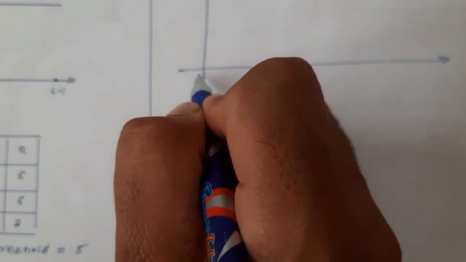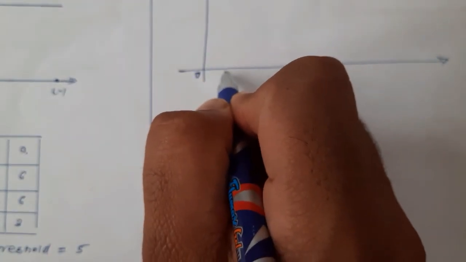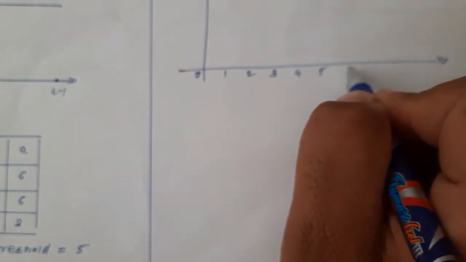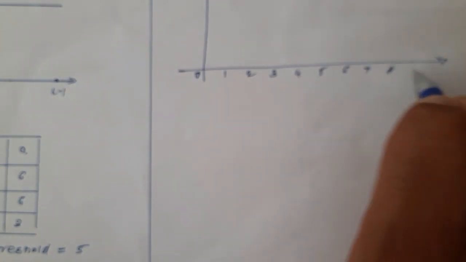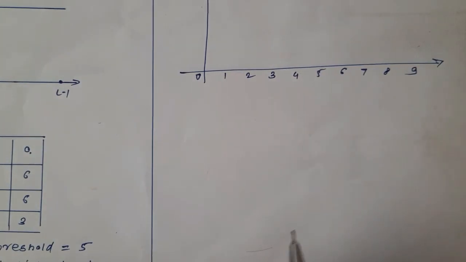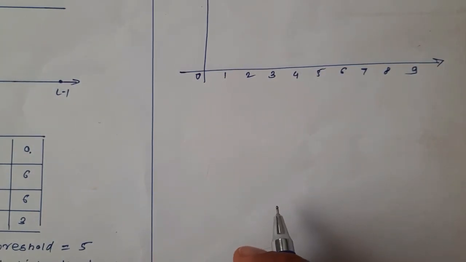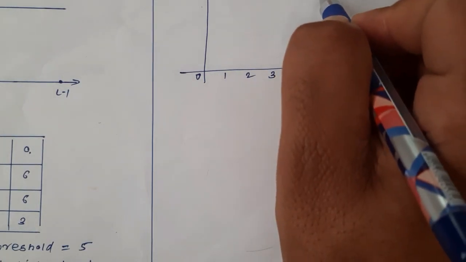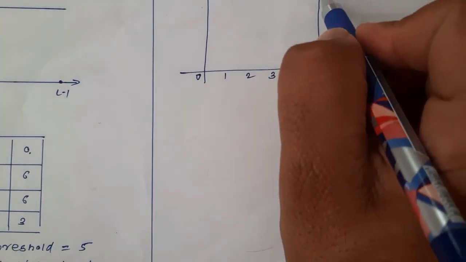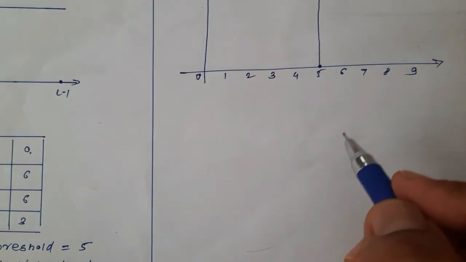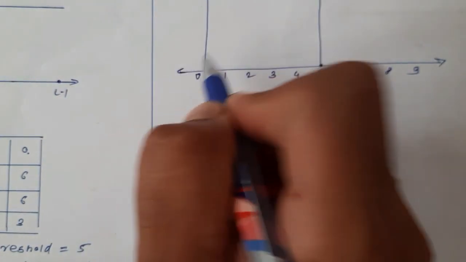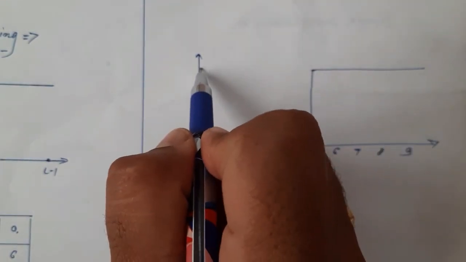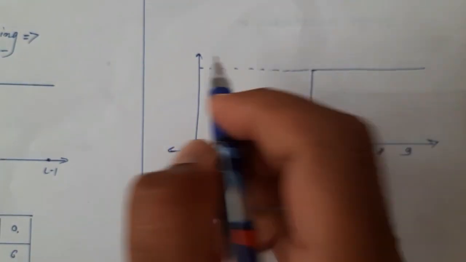Now on the x-axis you have to plot the values 0, 1, 2, 3, 4, 5, 6, 7, 8 and 9. Now in our example the value of threshold is 5, so you have to draw a thresholding function like this, and my output higher level is equal to 1.